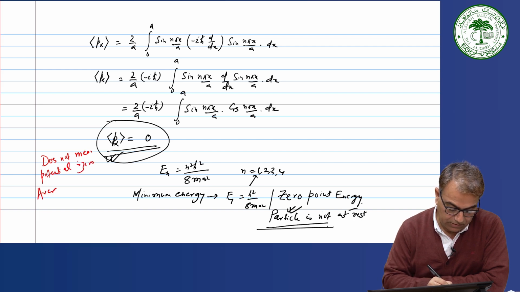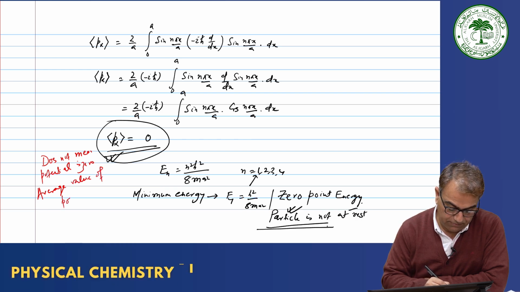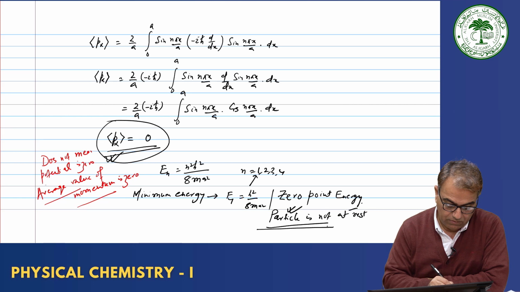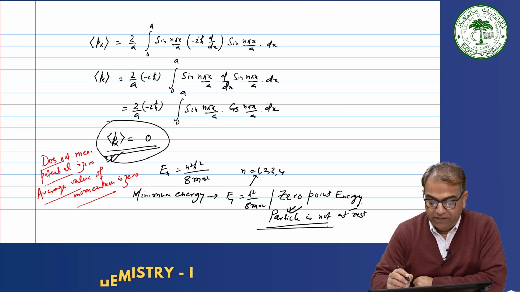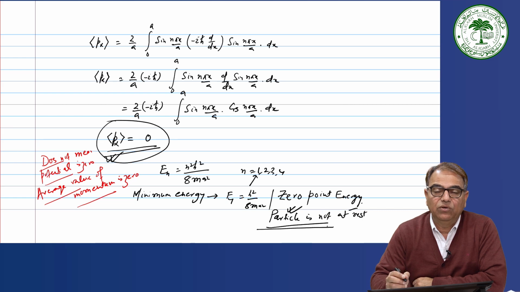The average value of position and momentum is 0.